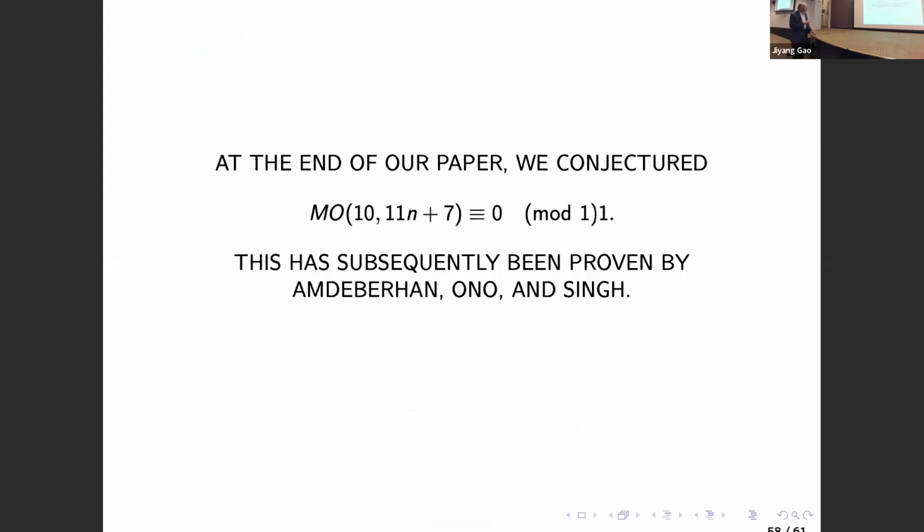At the end of our paper, we conjectured this. This was subsequently proved by Singh. In addition to this, Ono and two colleagues have now utilized this MO function to be a prime identifying function. In other words, there are certain linear combinations of these partition functions which, anytime they are positive, have to be prime.